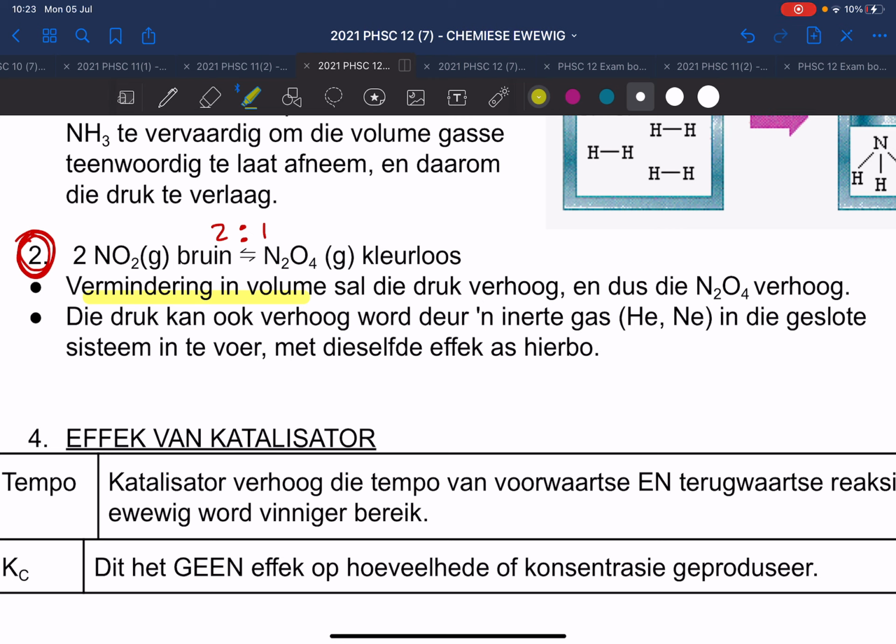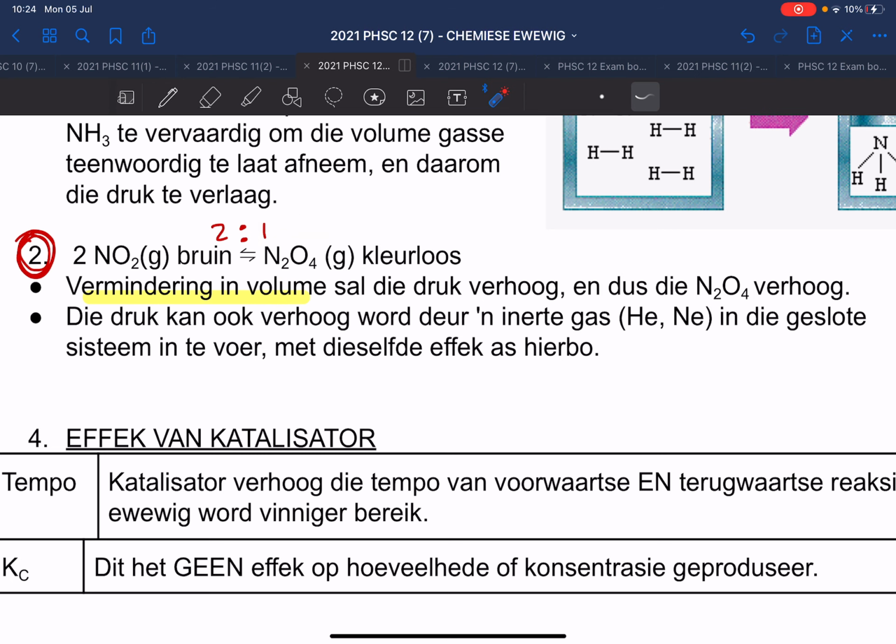So, what will you see? Hulle kan vir jou vra in eksamen. What do you observe? Observe. Wat is observe in Afrikaans? Waarneem. Remember, observe, waarneem is something you can see or feel or smell. You don't see more of these molecules being made.